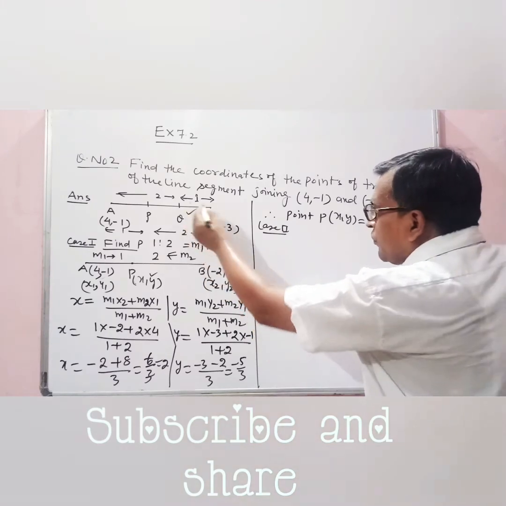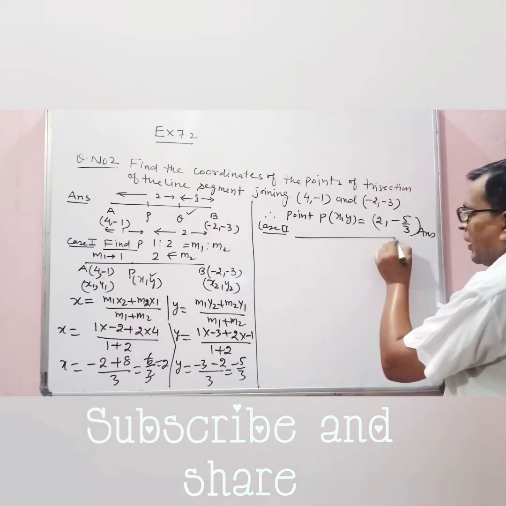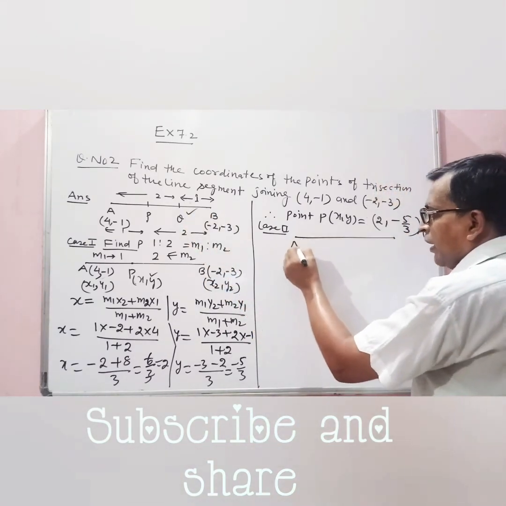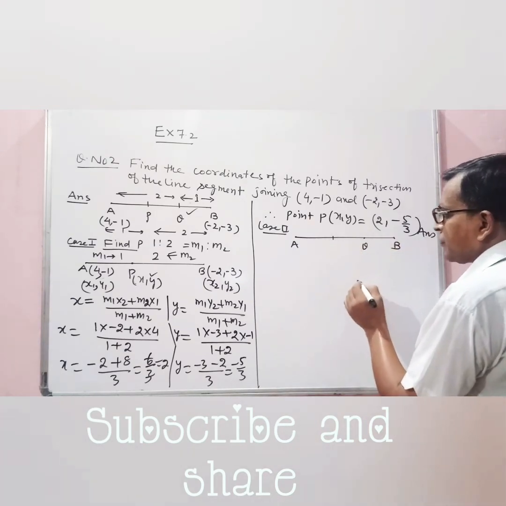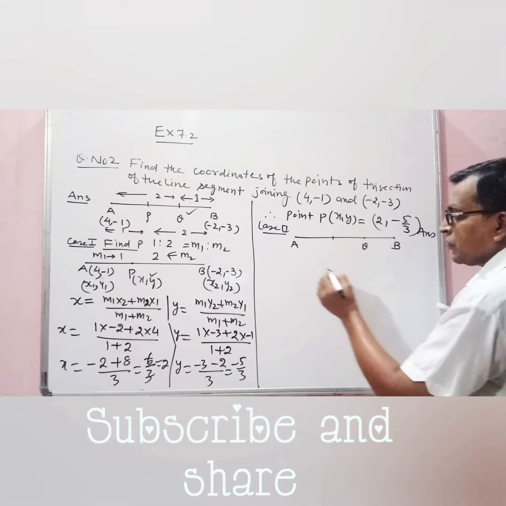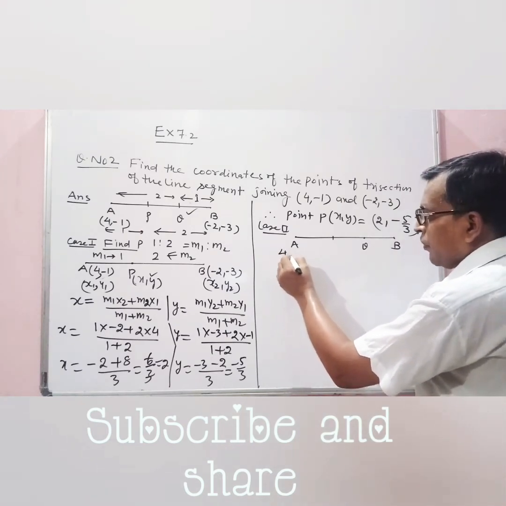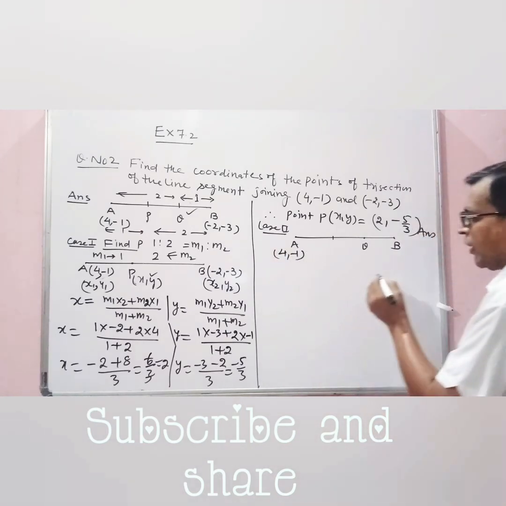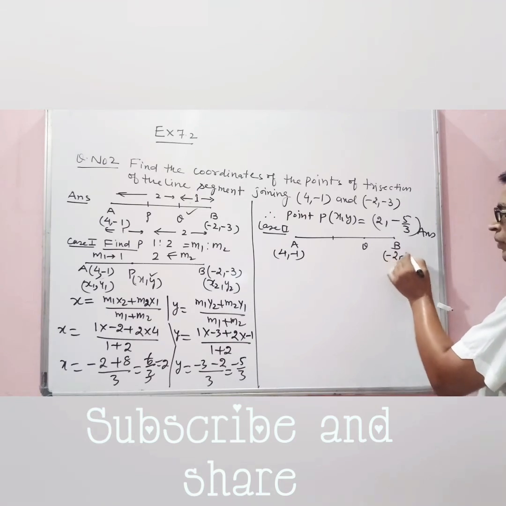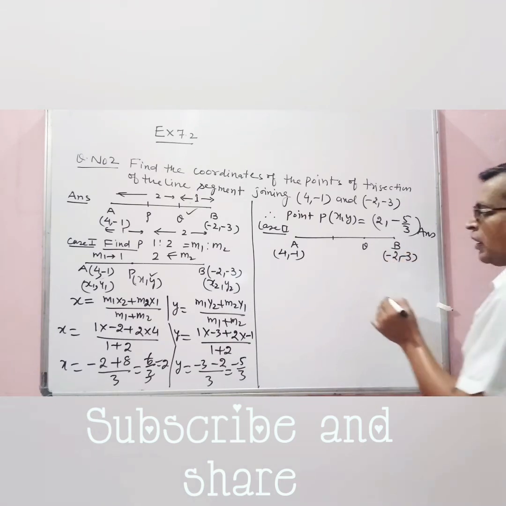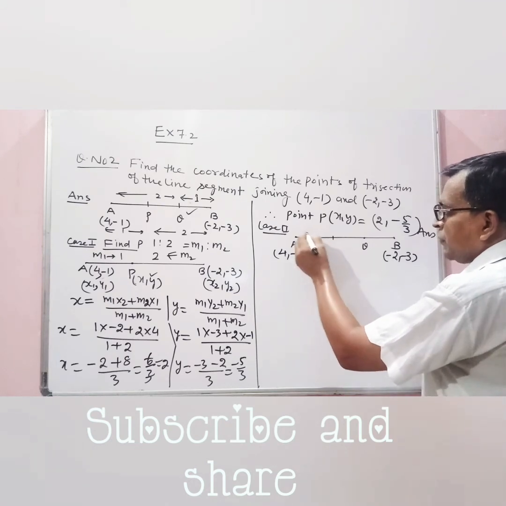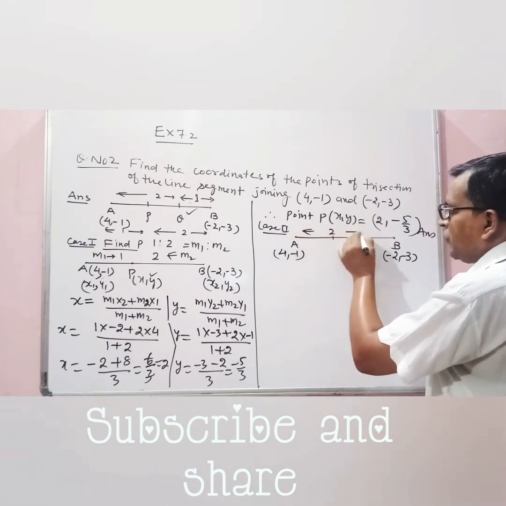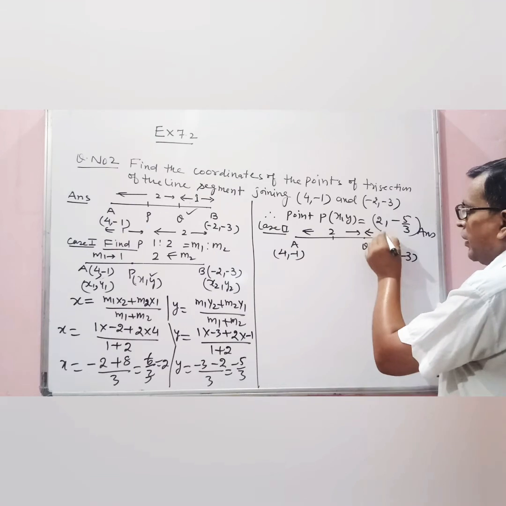Find the point Q. Again we take the line AB and take the Q point here. A point is (4, -1), B point is (-2, -3). As the ratio you use 2 and 1.